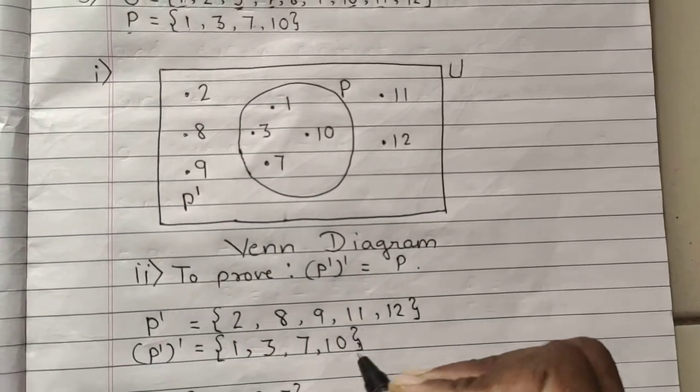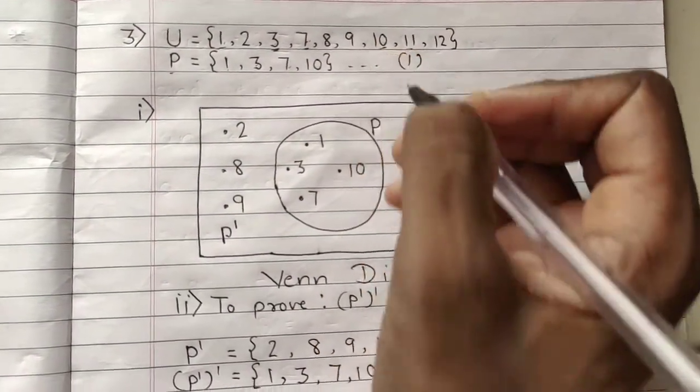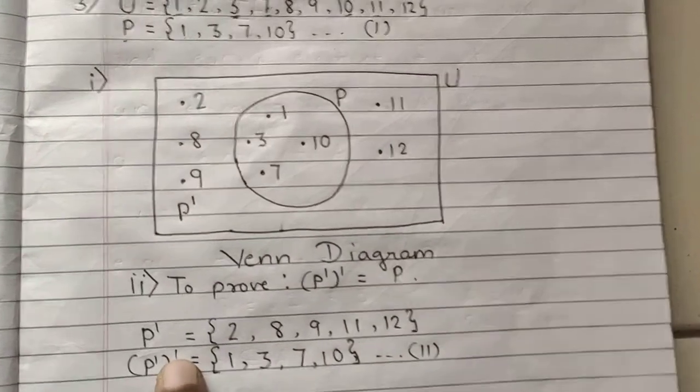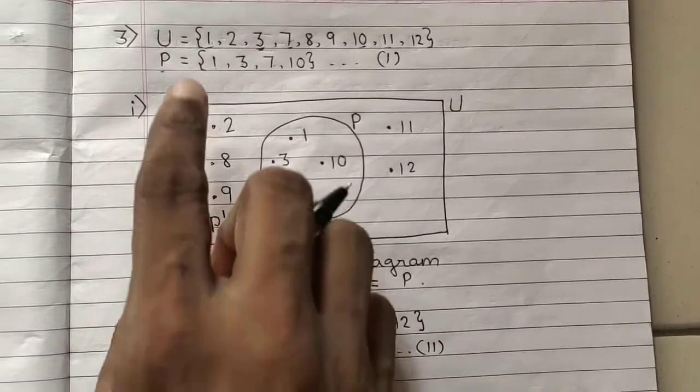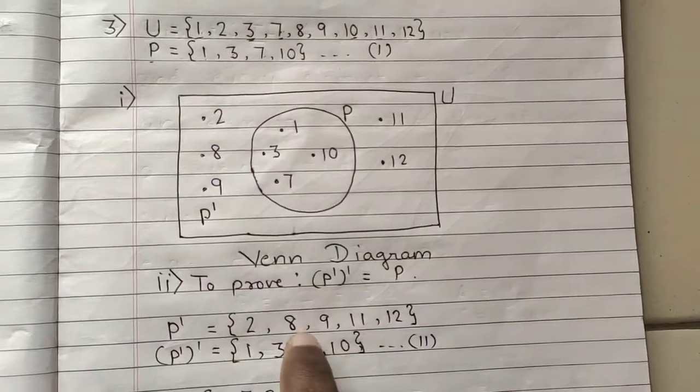Okay, now see, this is your set P, we can call it 1. This is your set P dash of dash. Now you can compare this set P and set P dash of dash, both are same. Yes or no?